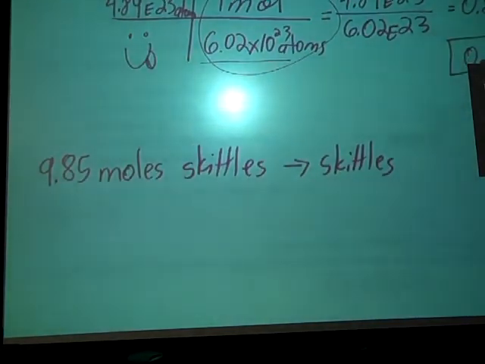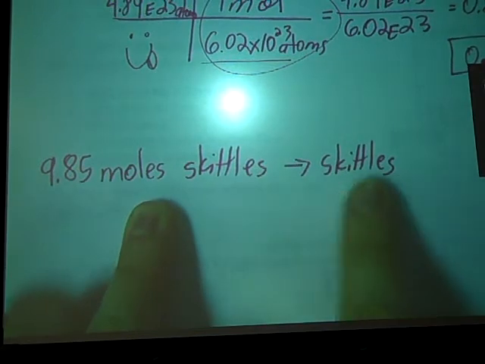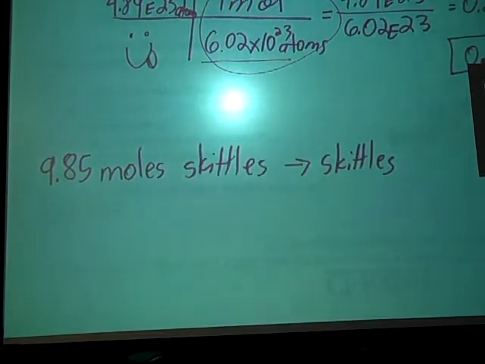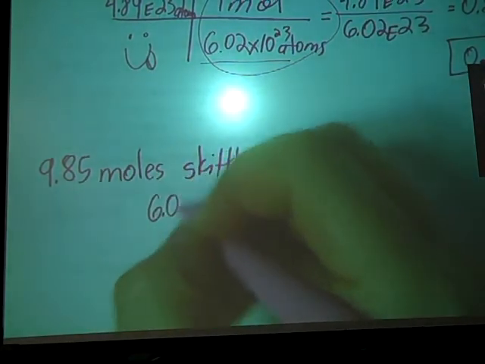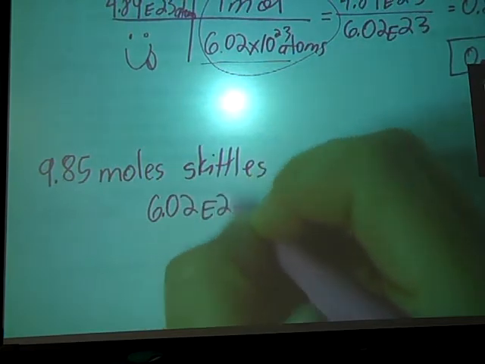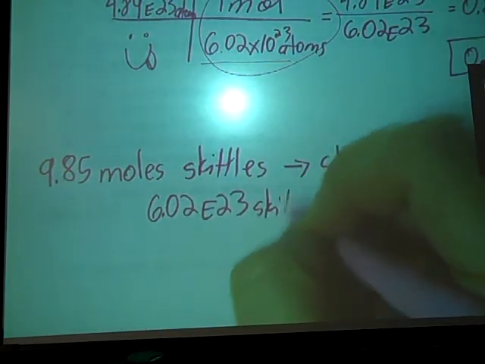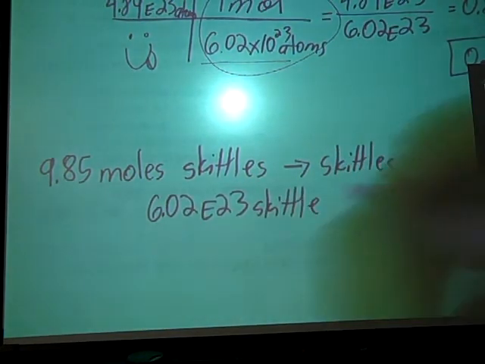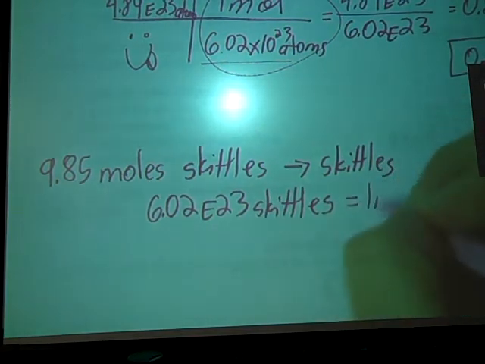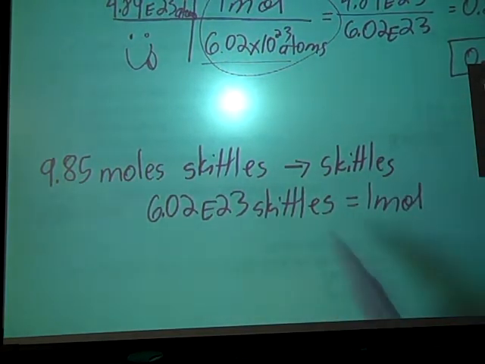Anyway, let's try another one. This one, I'm going from moles to individual items. So again, I'm going to use my same conversion factor, 6.02 times 10 to the 23rd. This time, my individual particles are Skittles, so 1 mole of Skittles.